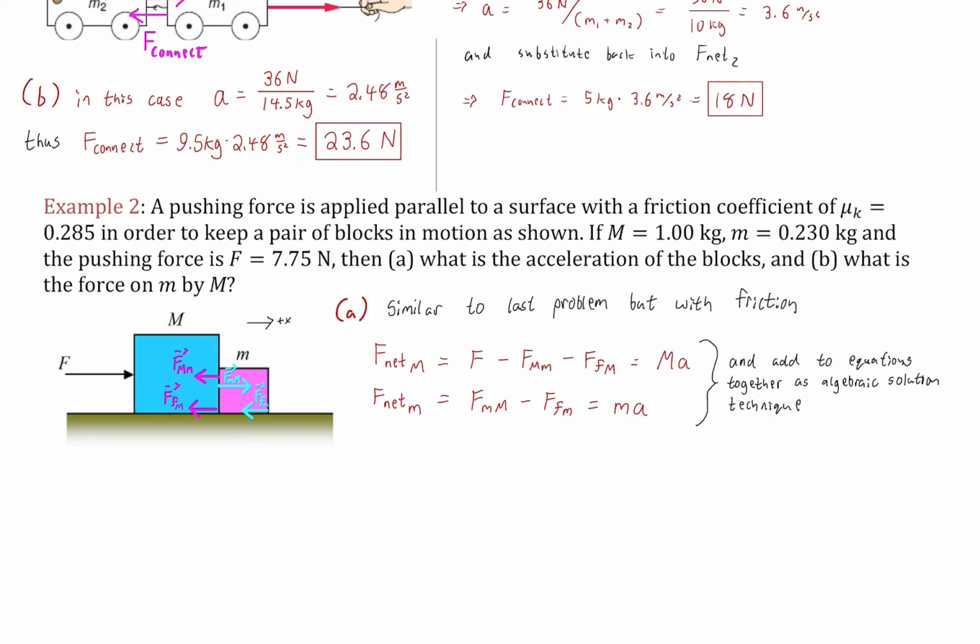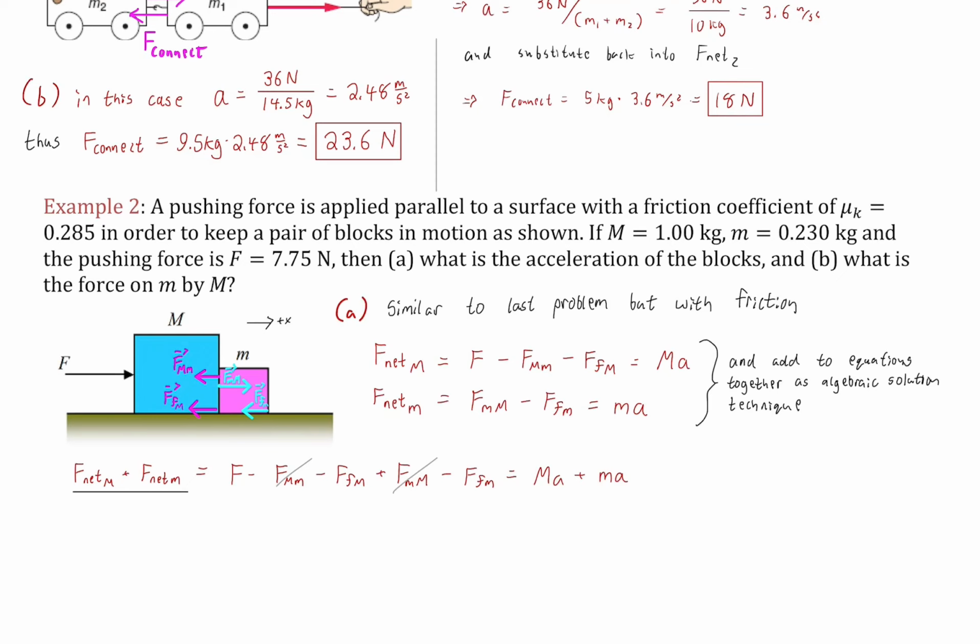So they must share the same acceleration, if you were wondering. And then add the two equations together as an algebraic solution technique. I mentioned that before, but here it is in writing. So that's F net M plus F net little m. What is that going to look like? Well, F minus F Mm minus F friction M plus F mM minus F friction m.